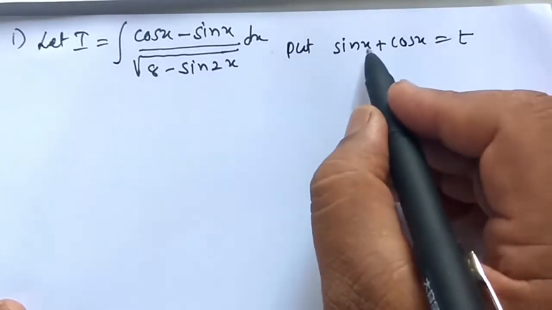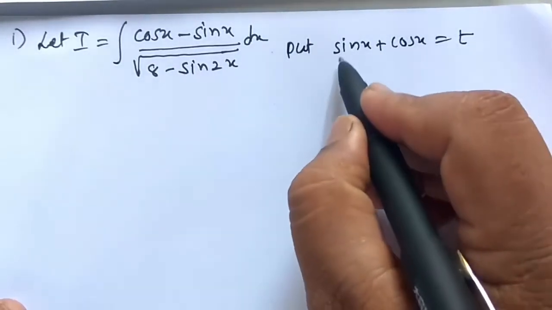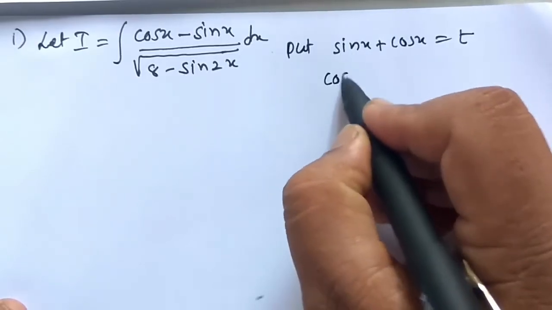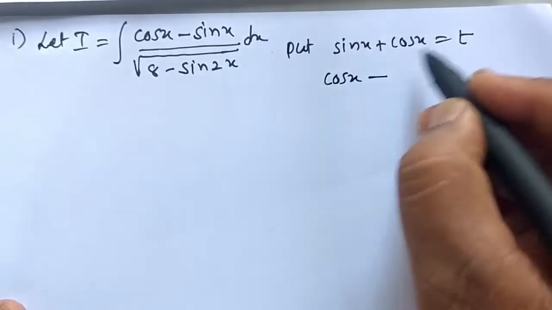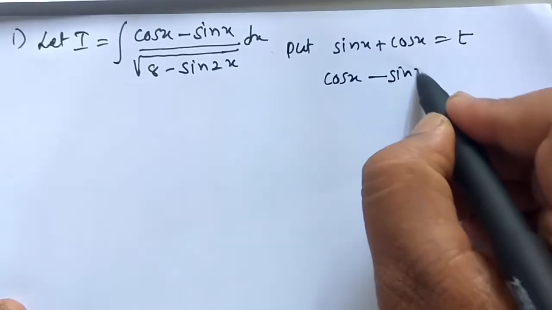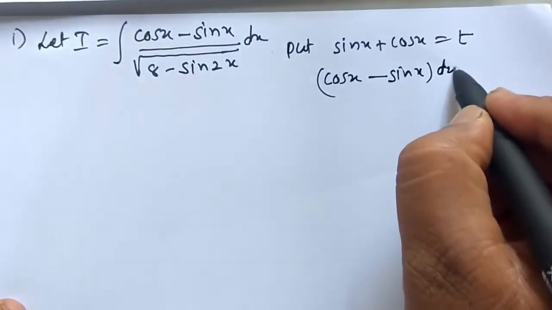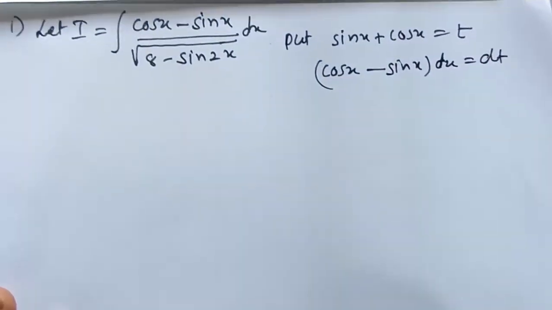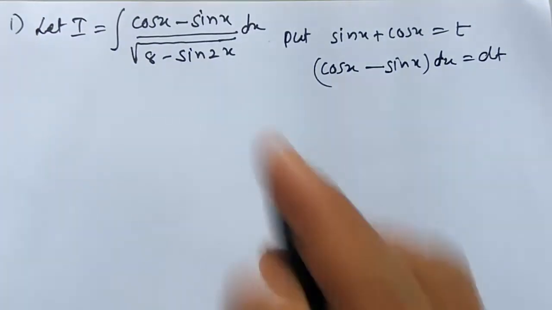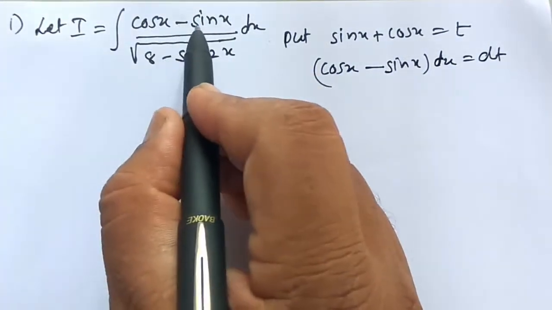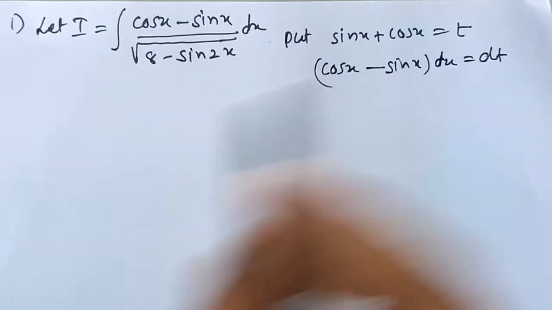Therefore, differentiating with respect to x, the derivative of sin x is cos x, the derivative of cos x is minus sin x, bracket complete, dx is equal to dt. Therefore, this quantity cos x minus sin x dx is dt.